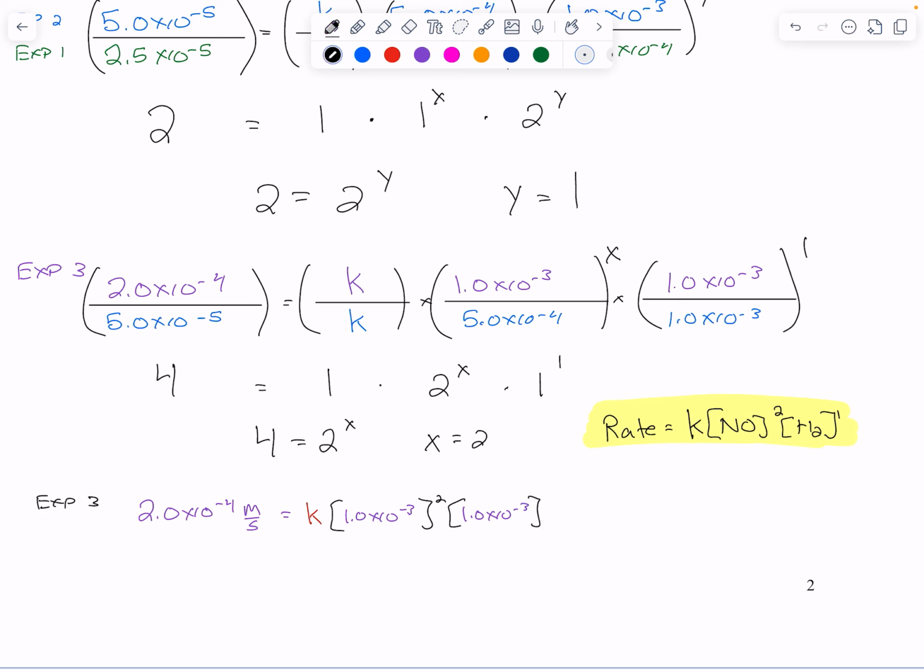All right, if we do the math, all right, okay.